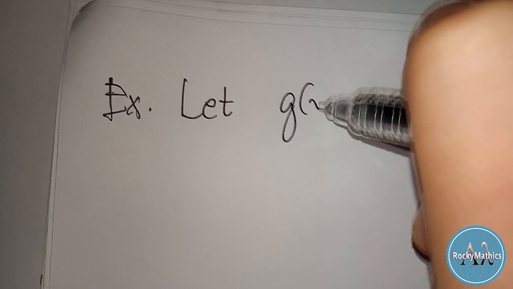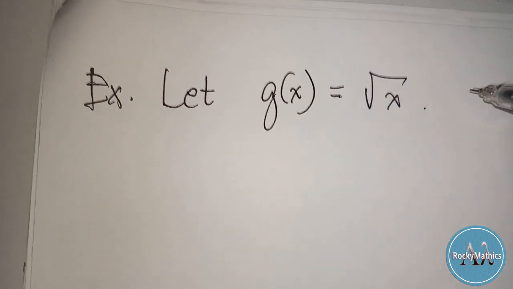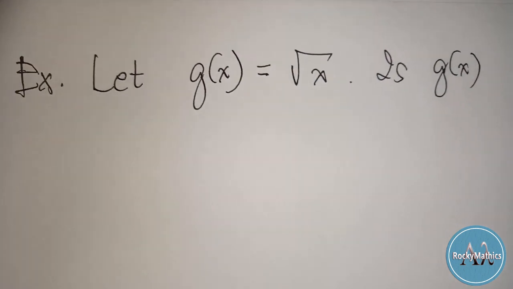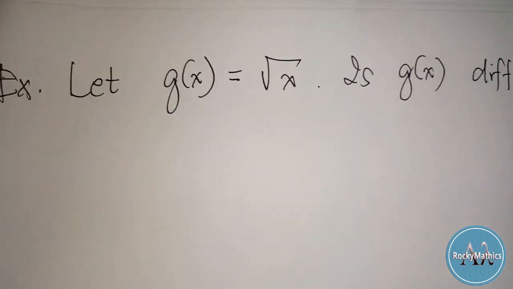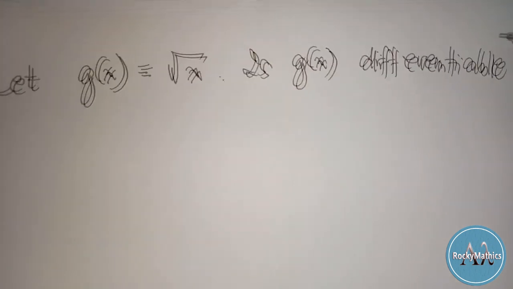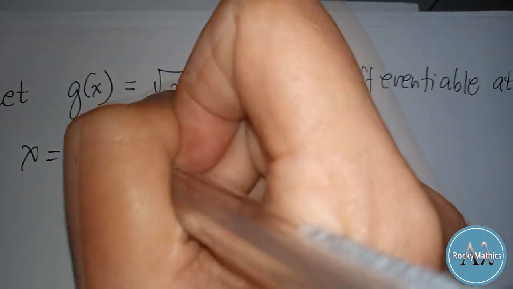So for example, let g of x be equal to the square root of x. Now the problem is: is g of x differentiable at x is equal to 0?